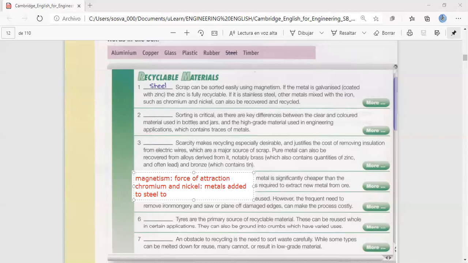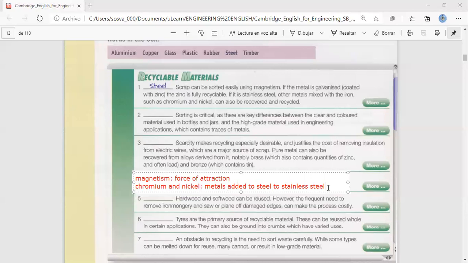What do you think we create if we add them? ¿Qué pasa si mezclamos el metal con el cromio y el níquel? ¿Qué creamos? Stainless steel. If we combine steel with chromium and nickel, we create stainless steel.